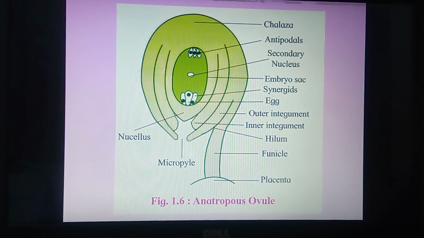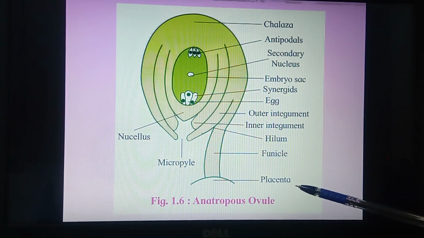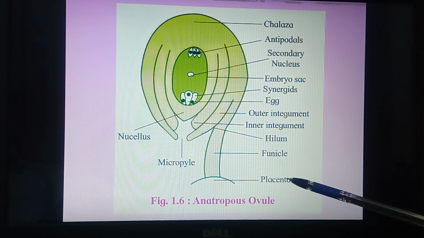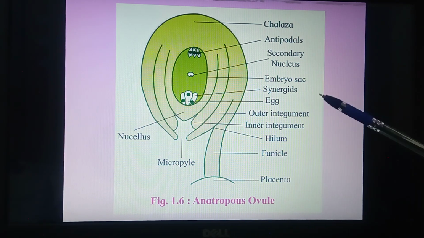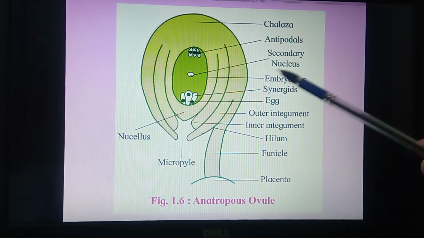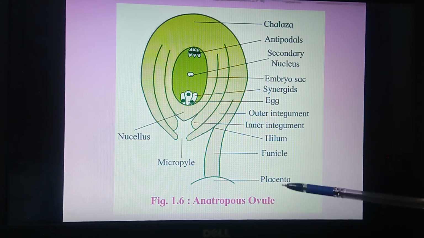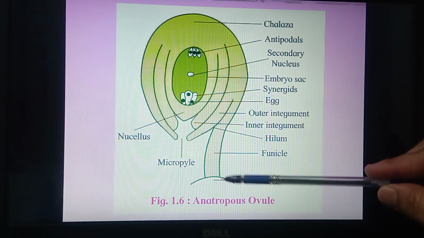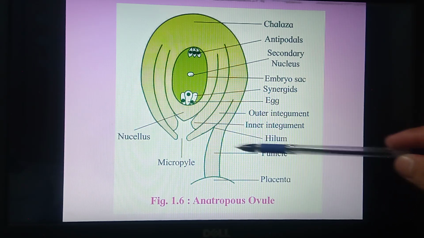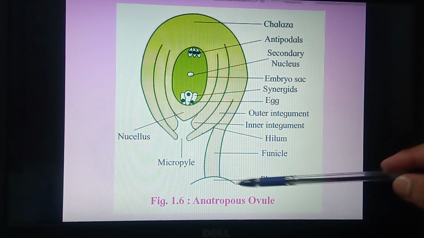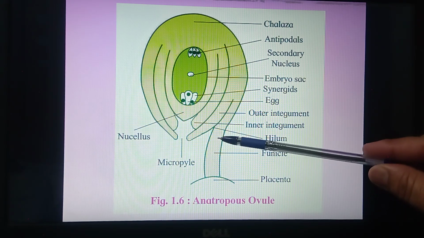So the placenta is the connection of the ovule inside the ovary. Next, just above the placenta, a stalk-like structure is present, called the funicle. So the funicle is the stalk of the ovule.